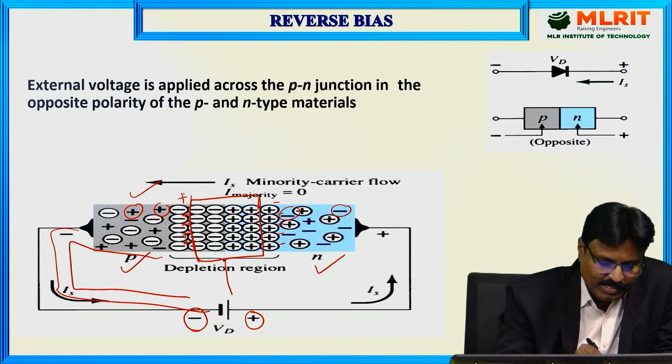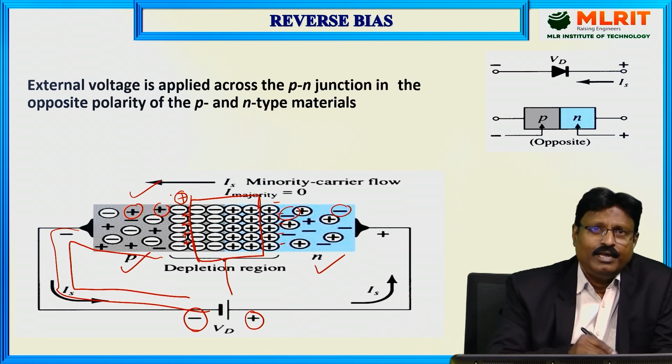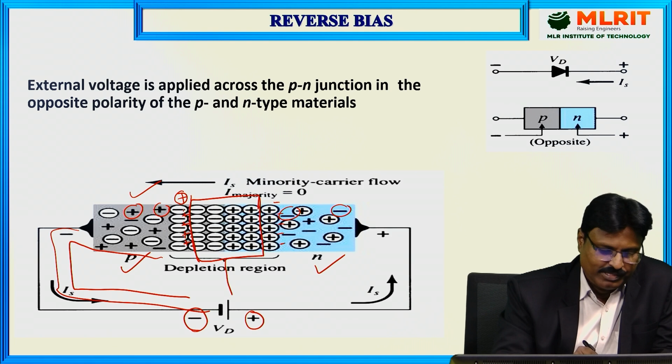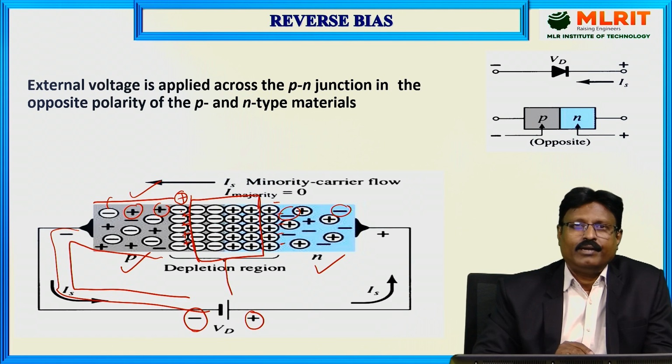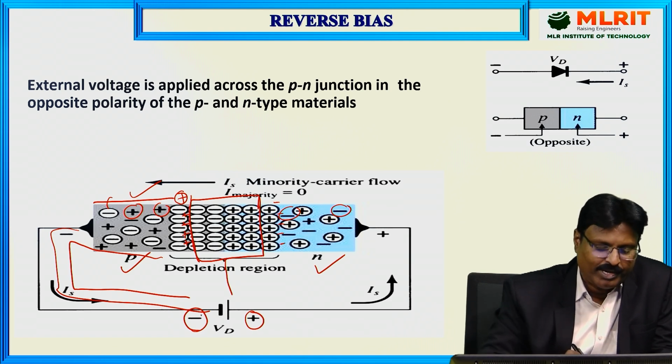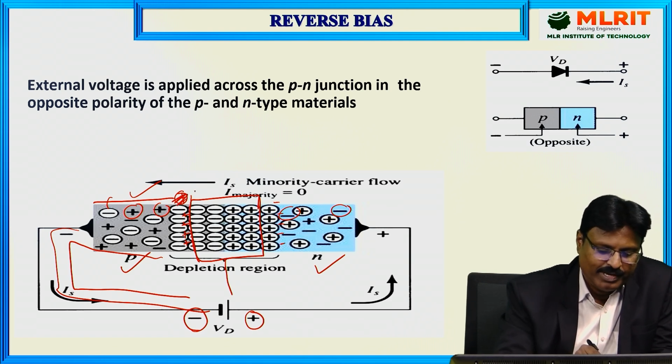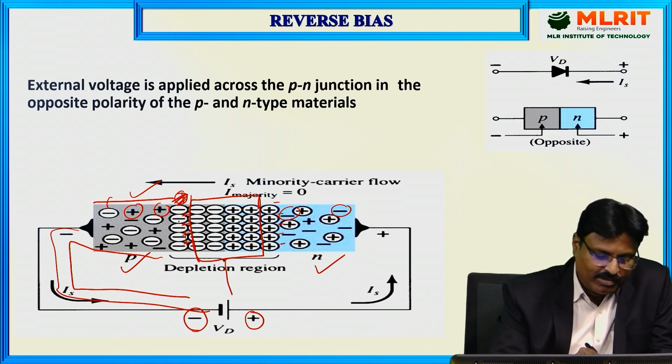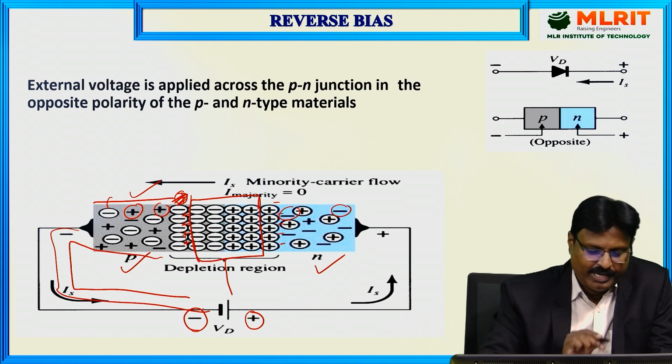This hole, earlier covered by this negative ion, which is an acceptor ion, comes out of it in order to reach the negative terminal of the battery. So this ion will be uncovered, and the donor ion also will be uncovered, because the carriers that were covering them are coming out in order to reach the terminals of the battery.